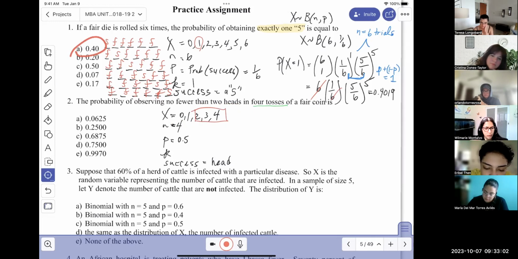If it said more than 2, but no fewer than 2, it could be 2, 3, or 4. All right, so that's what we want. So the K is 2, 3, and 4.